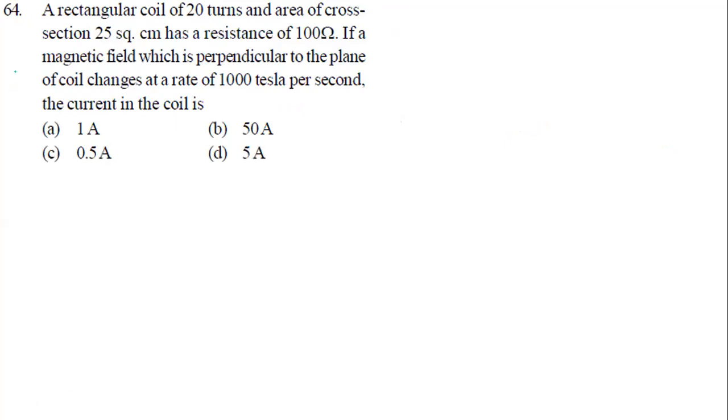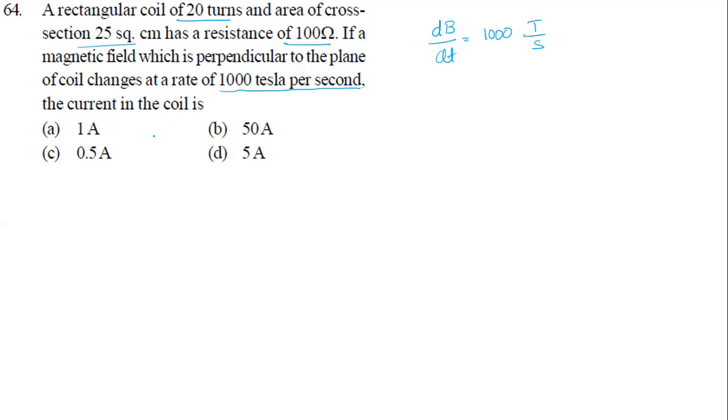Next, a rectangular coil of 20 turns, area 25 square meter, has a resistance of 100 ohm, in a magnetic field perpendicular to the plane of the coil changing at a rate of 1000 Tesla per second. So here the magnetic field is changing, dB by dt is given as 1000 Tesla per second. The current in the coil we need to find out.